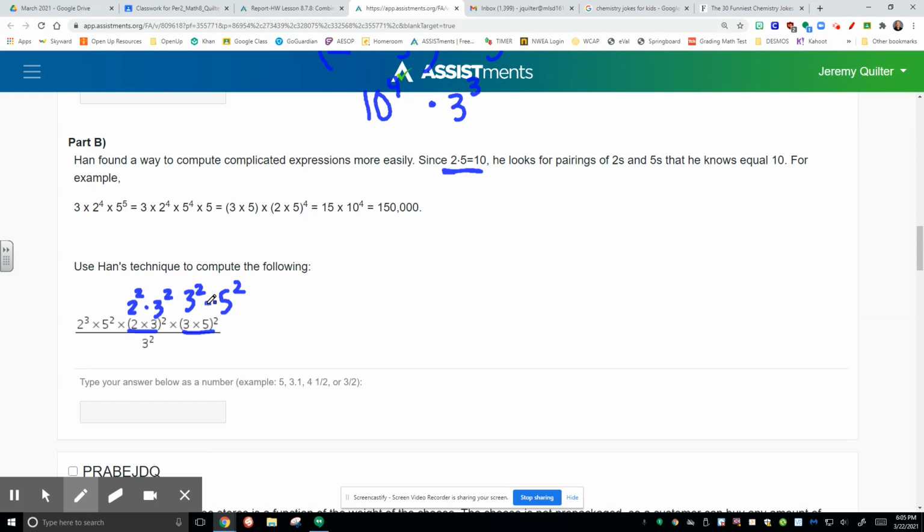There's your multiplication. Now, what we're left with is 2 to the 3rd times 5 to the 2nd times 2 to the 2nd times 3 to the 2nd times 3 to the 2nd times 5 to the 2nd. But we're going to divide by 3 to the 2nd power. So here's the cool thing: by this division rule that says anything divided by itself equals 1, we can get rid of one of those.